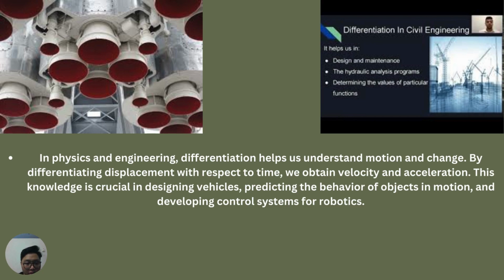By differentiating displacement with respect to time, we obtain velocity and acceleration. This knowledge is crucial in designing vehicles, predicting the behavior of objects in motion, and developing control systems for robotics. You can see the picture above: they have engineering in marine design and maintenance, civil engineering, and the rocket.